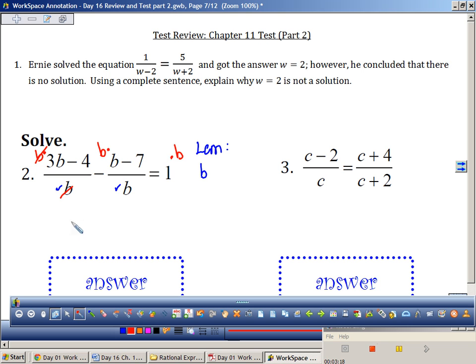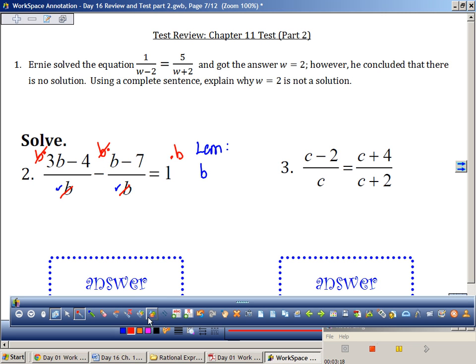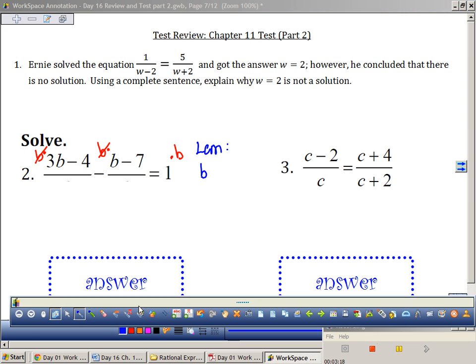B and B, because B divided by B is 1. That's why we can get rid of it. It can be simplified. Right here, B divided by B is 1. We can get rid of that. I have now cleared my denominator, correct? Yes. I no longer have a denominator.